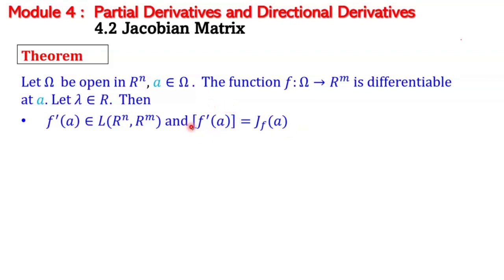So the derivative function, if you convert it to the matrix form, then it will be the same as the Jacobian of the function f.